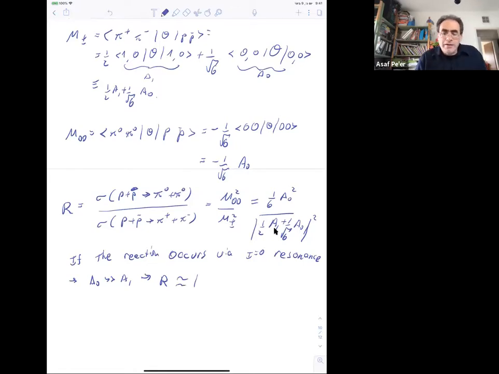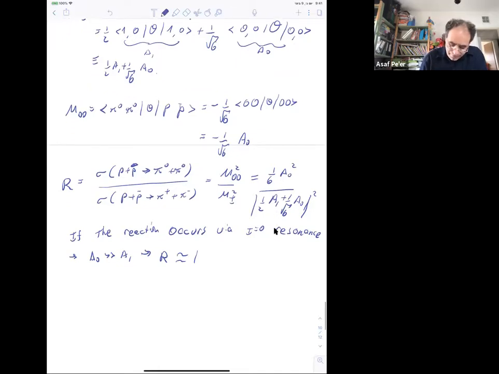Otherwise, if it occurs via an I equal to 1 resonance, that gives that A1 is much greater than A0, and then R is around 0.